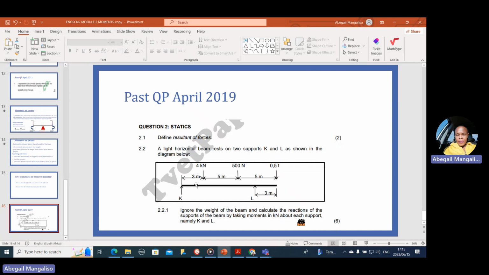There are 5 meters. After 5 meters, there is a force of 500 acting downward. And another 5 meters, 1, 2, 3, 4, 5. After 5 meters, there is that force acting downward. And 1, 2, 3. There is a support here.